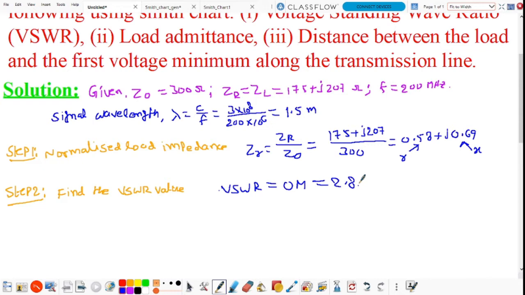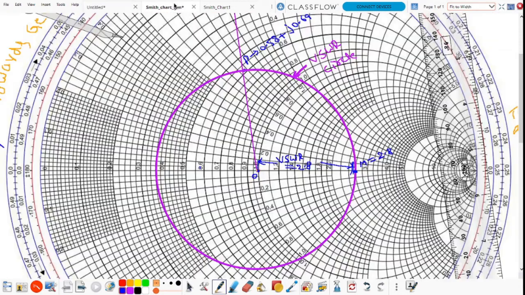Next, calculate the load admittance. How to calculate the load admittance? It can be determined from this Smith chart, and this is OP.